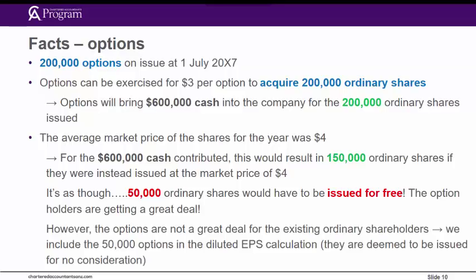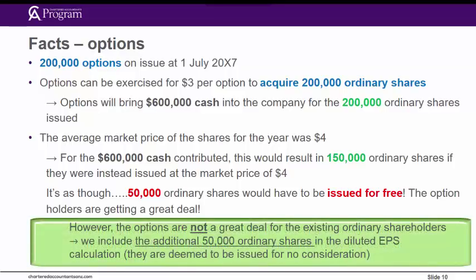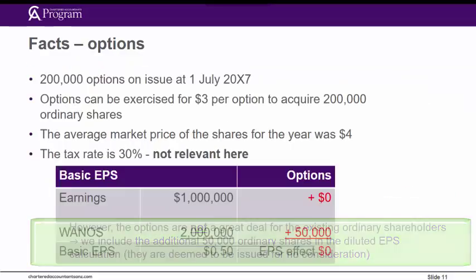The options, however, for the existing ordinary shareholders are not a great deal. So we have to include these 50,000 additional ordinary shares, so that shouldn't say options, 50,000 ordinary shares, in the diluted earnings per share calculation. So the 50,000 extra ordinary shares, you can see there in red, are deemed to be issued for no consideration.